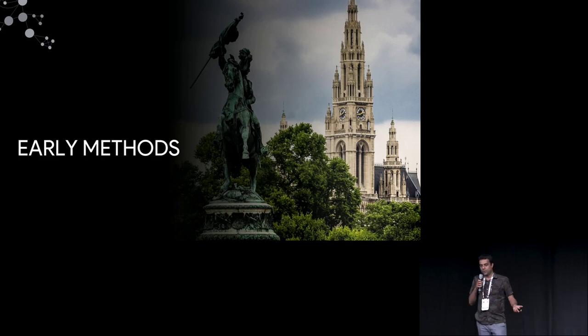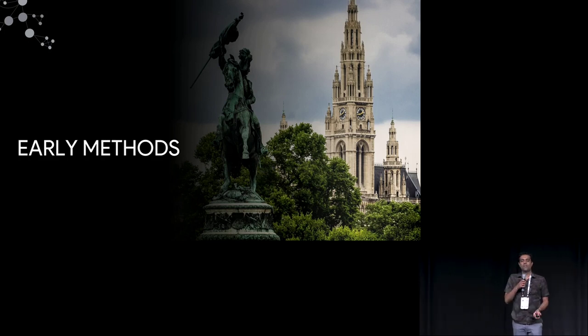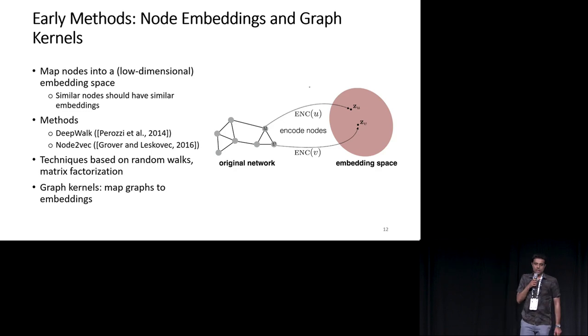But I want to give you some overview of the early methods in graph learning that were more common about a decade ago, just to give you some historical context. In the early methods, generally people looked at node embeddings or graph embeddings, which are really graph kernels, they call them. The idea of a node embedding is to map nodes into some low dimensional embedding space.